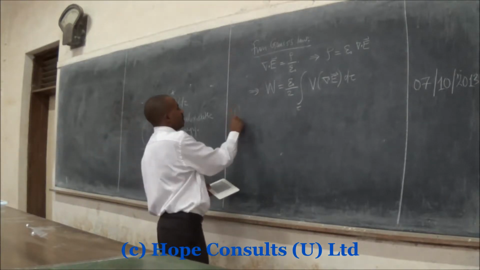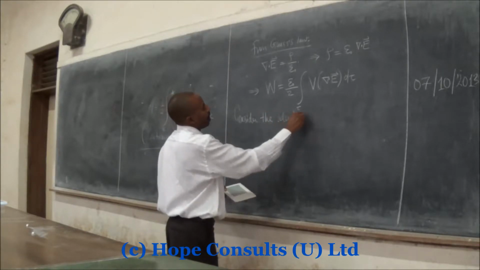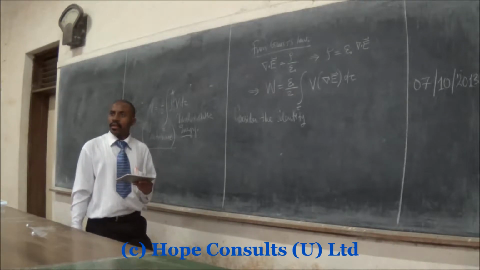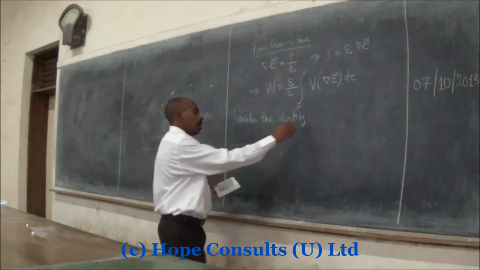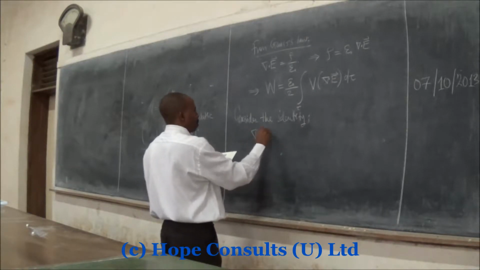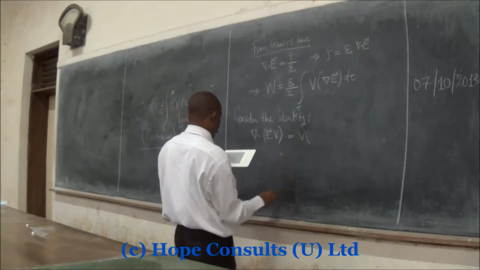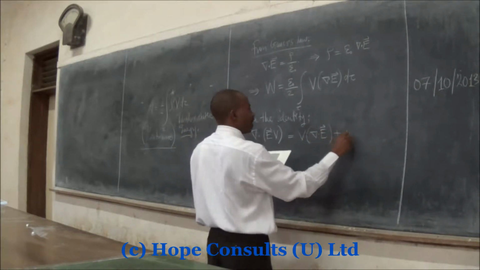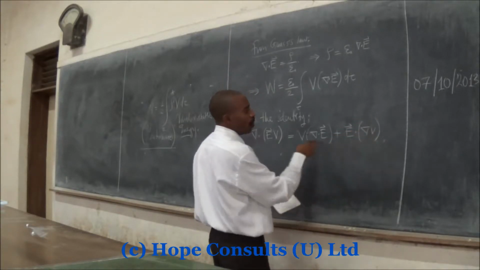Consider the vector identity: divergence of EV is equal to V divergence of E plus E dot grad V. You don't worry about this.